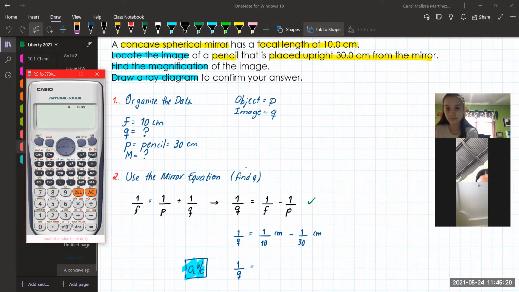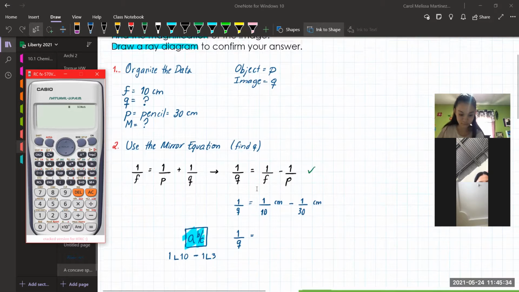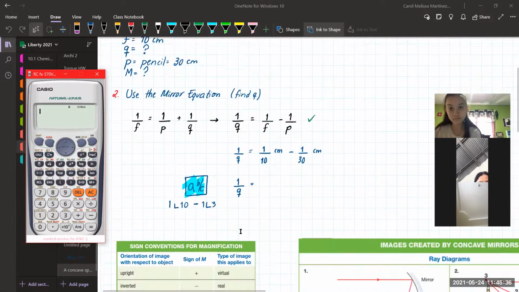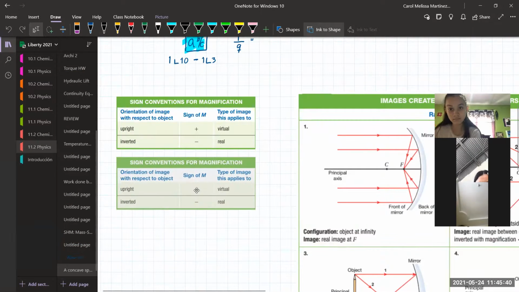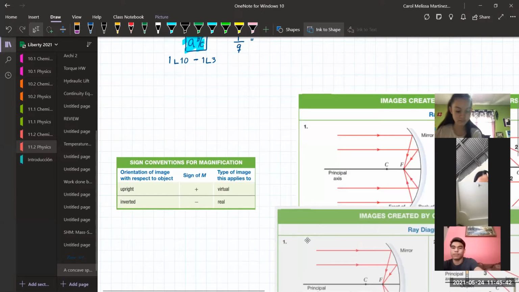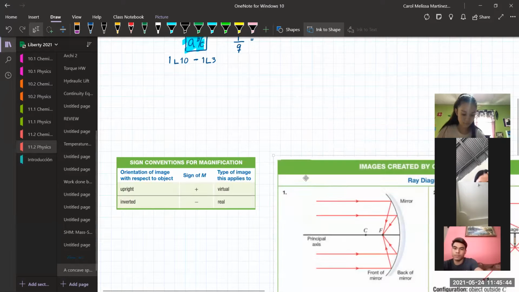So, it's going to be 1 over 10 minus 1 over 30. This should give you an answer in fractions. 1 over 15.